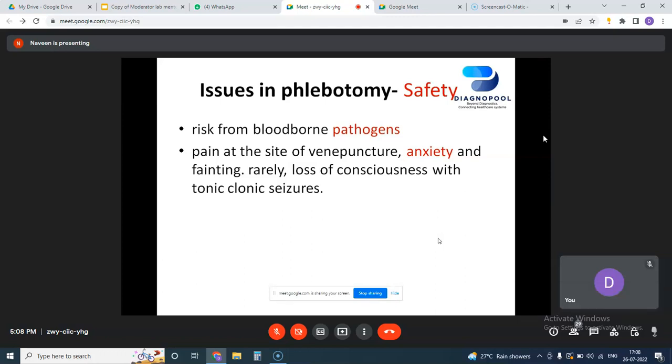The phlebotomist should also give importance to patient anxiety and to alleviating it. Sometimes we can encounter risks like seizures and loss of consciousness also. So we should know that this can happen and how to tackle it.